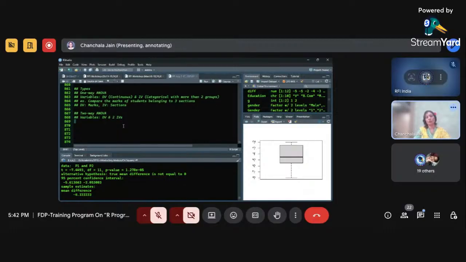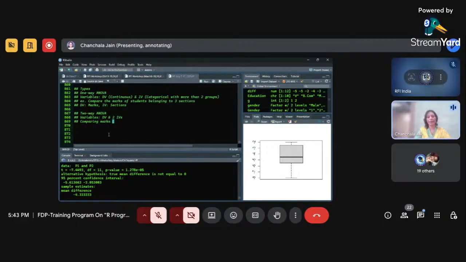The DV will be the numeric variable and the IVs will be categorical variables, like in one-way ANOVA. So we need only one dependent variable and 2 independent variables. Is it clear?